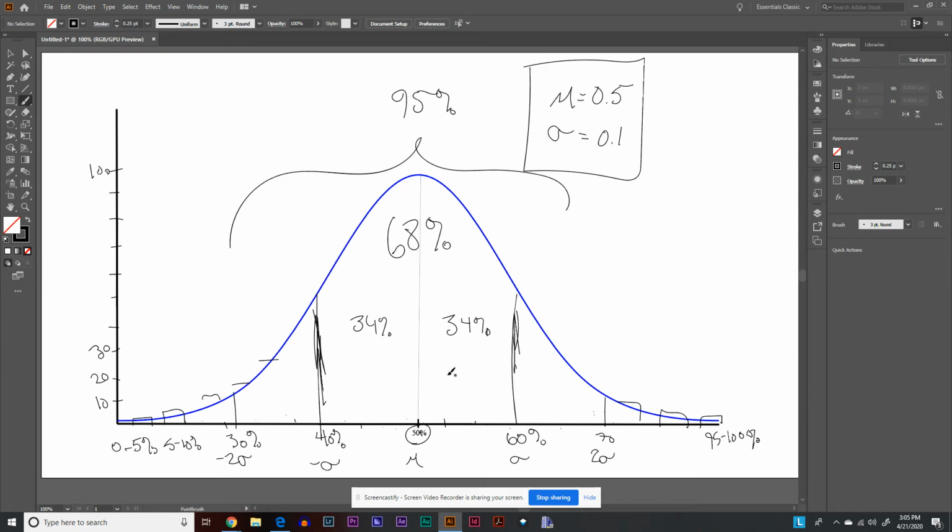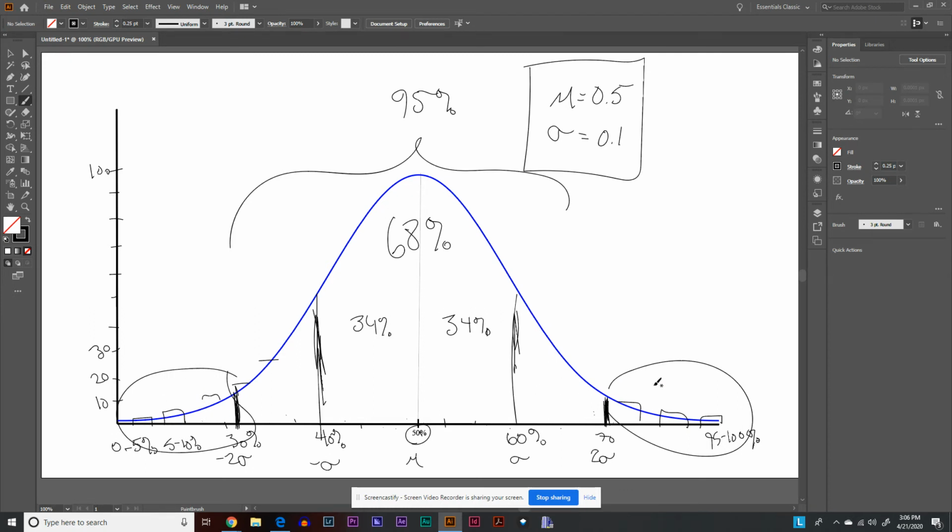Which means that if I started breaking down each one of these locations, I could tell exactly how much was between each one of these, right? So if, for example, I was asked how many people scored less than 30%, well, I know that between two standard deviations away from the mean on both sides contains 95% of the data. I know that then this location over here plus this location over here must be the last 5% of people, right?